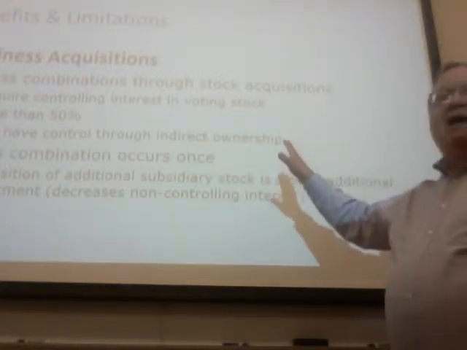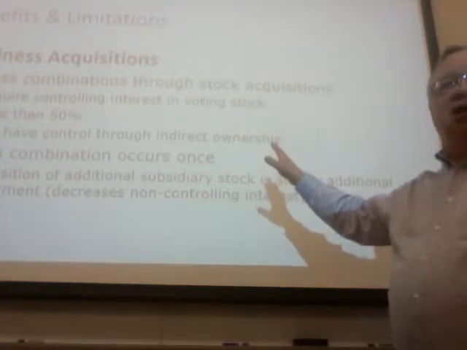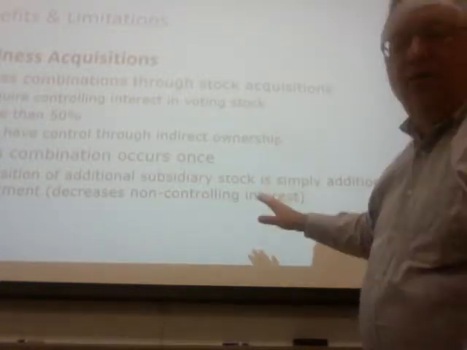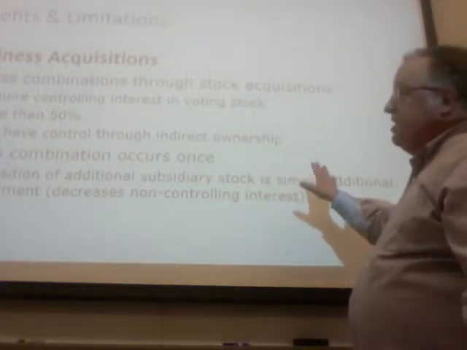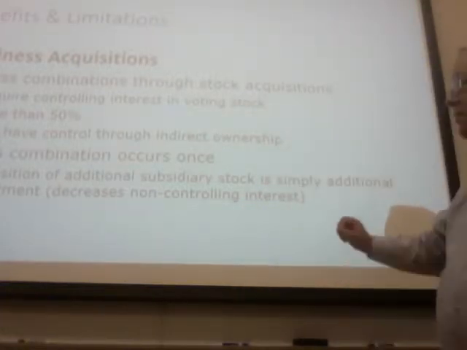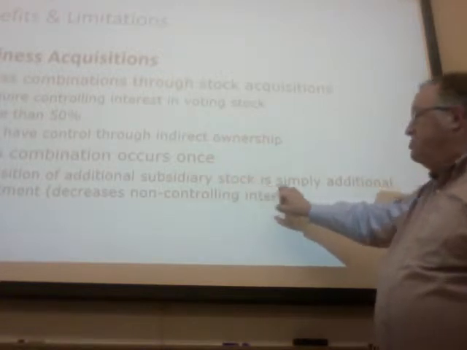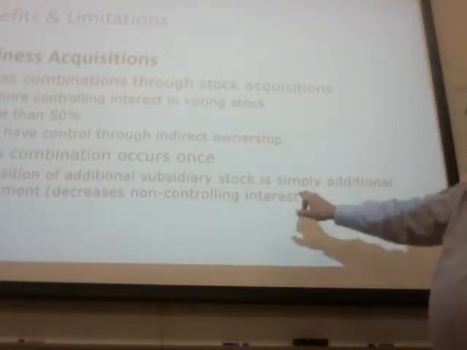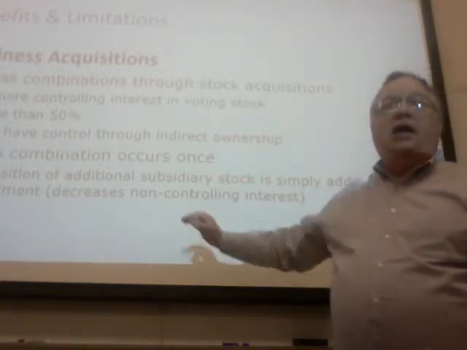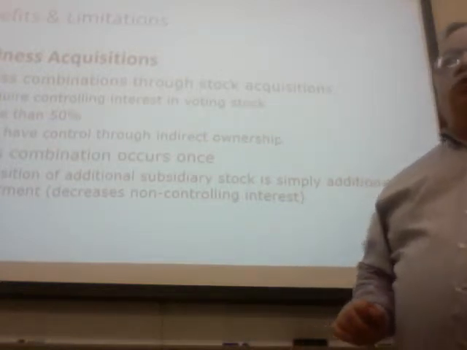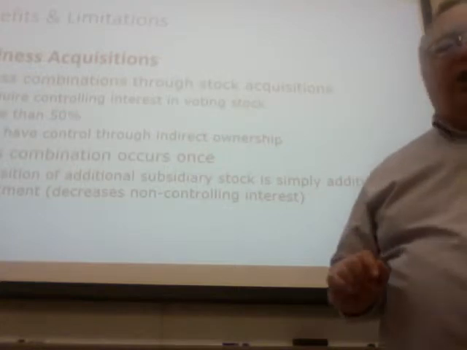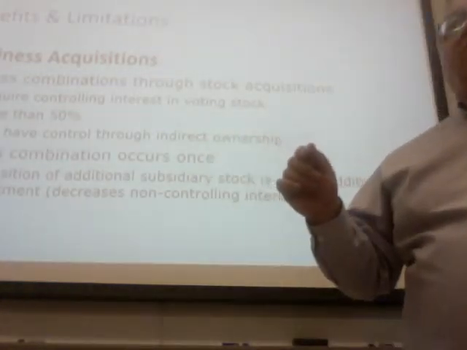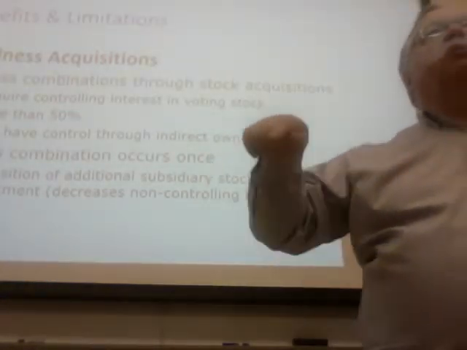We won't go into the accounting for that in great detail until we get beyond chapter 7. A business combination occurs once. Acquisition of additional subsidiary stock is simply an additional investment, and it's going to decrease our non-controlling interest. But a business combination only occurs once, and so we'll talk about how we account for subsequent acquisitions if we're a 70% owner and we go to 80.